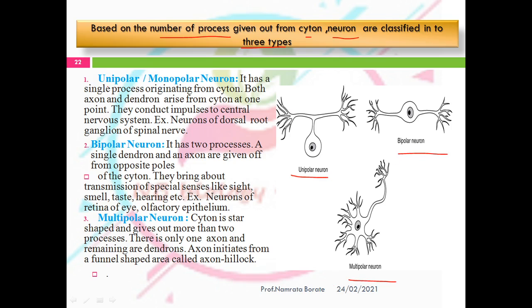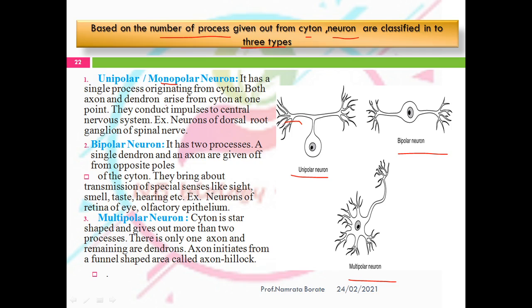So first of all, what is unipolar? The unipolar neuron is also called a monopolar neuron. It has a single process originating from the cyton.